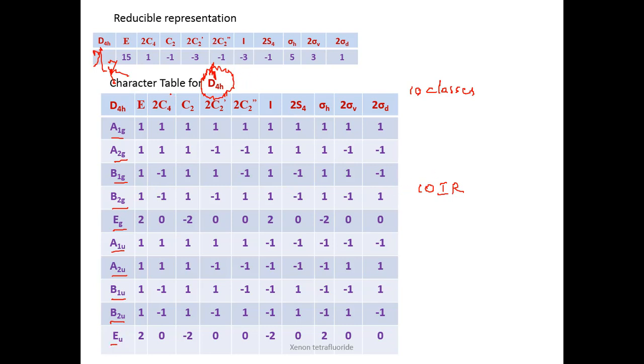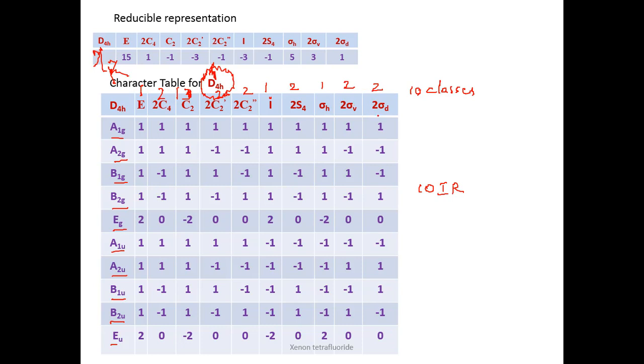The value of gp will be like this. For E it is 1, for C4 class 2, because there are 2 operations in this class. C2 is 1, C2 dash is 2, C2 double dash is 2, i is 1, 2S4 is 2, sigma h is 1, 2 sigma v is 2, and 2 sigma d is 2.